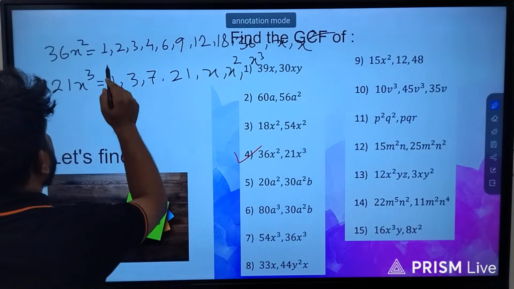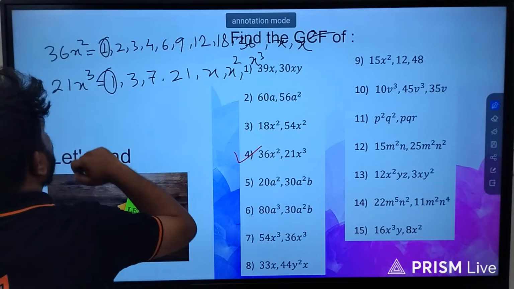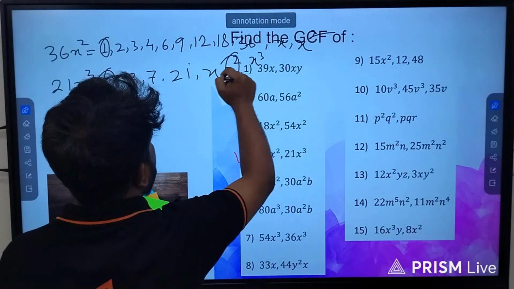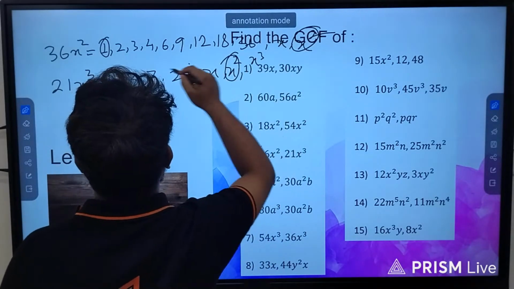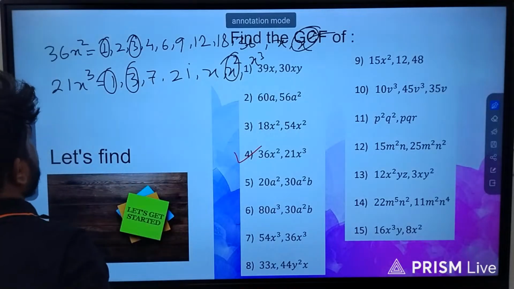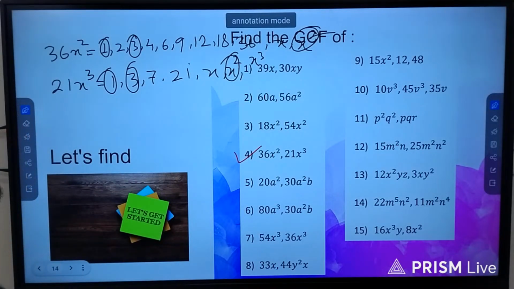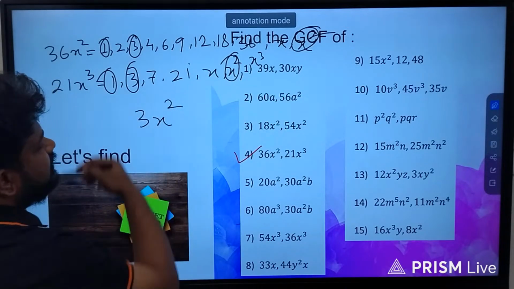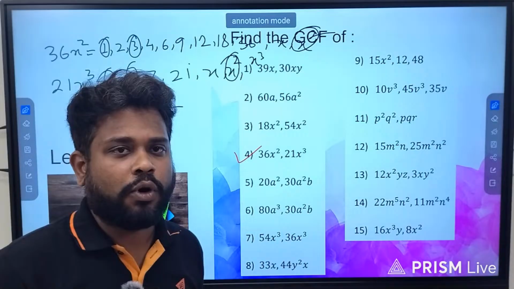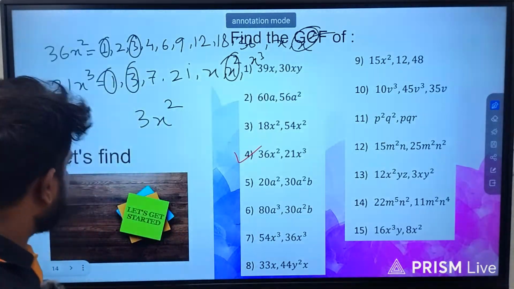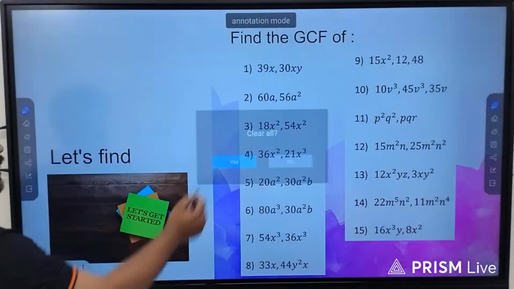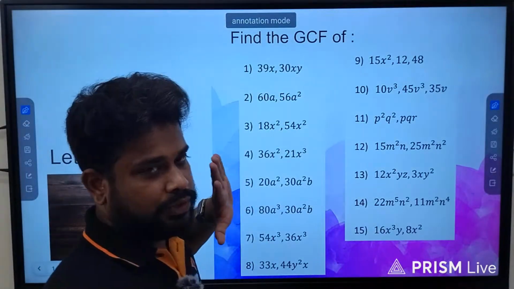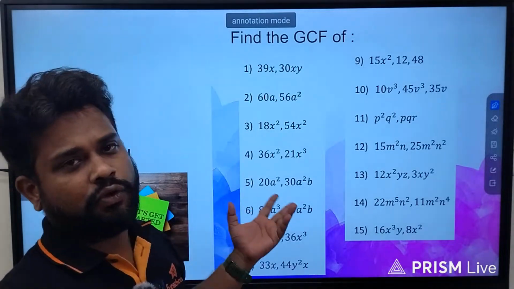So in the common factors I have 1, 3 and x square. So 3x square will be the greatest common factor of these two given polynomials. Similarly, you can try it by yourself by taking any of the numbers. This will be your homework.